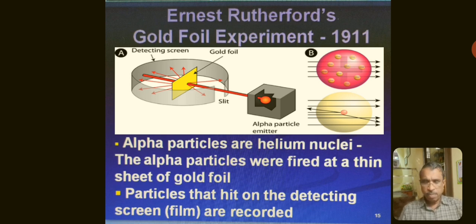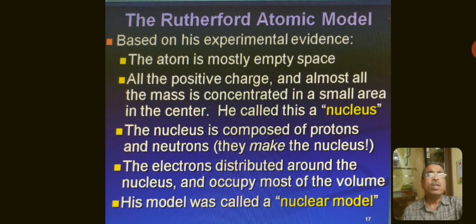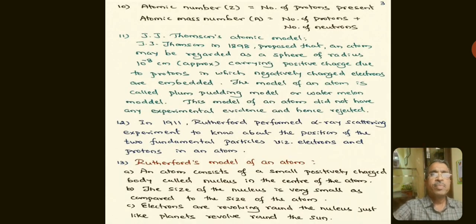According to him, an atom consists of two parts, known as the nucleus and the extra nucleus. Here I have shown the Rutherford's model of an atom and his observations.